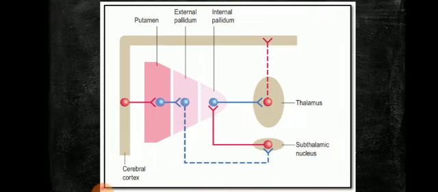From globus pallidus externa, fibers arising supply the subthalamic nuclei. Then from the subthalamus, the fibers which arise reach the globus pallidus interna. Then it's the same as the direct pathway. From the globus pallidus interna, GABAergic neurons supply the thalamus, and from the thalamus it supplies the cortex.